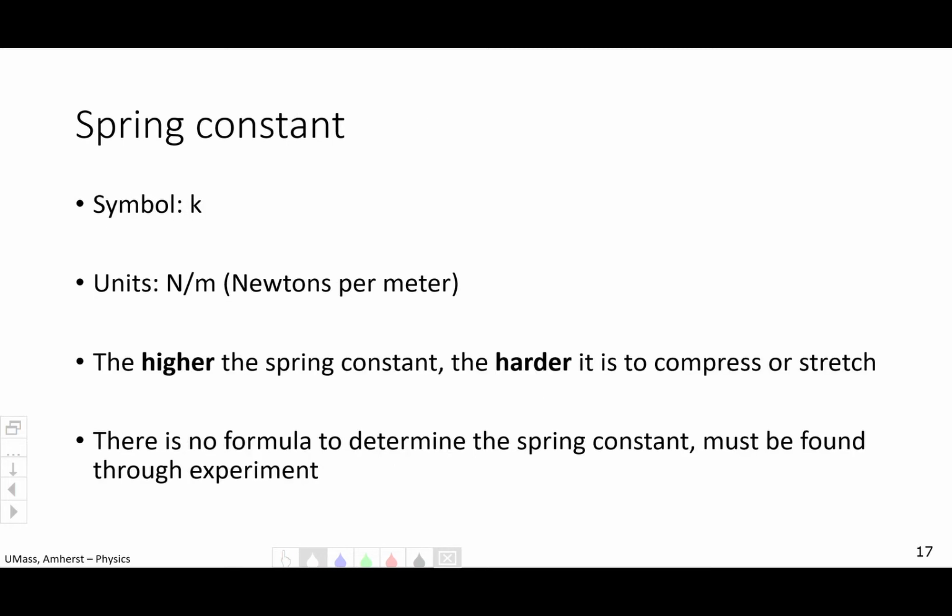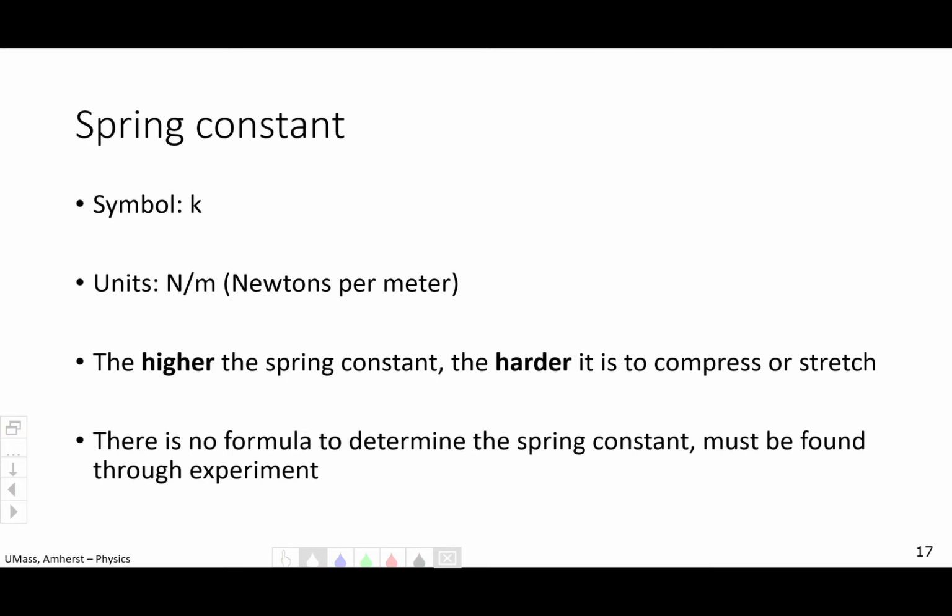All right, what we need to know about springs is, first of all, the spring constant. The symbol for the spring constant is k, and the units are newtons per meter. That means for every meter that you stretch the spring or compress the spring, it exerts a certain amount of newtons of force.